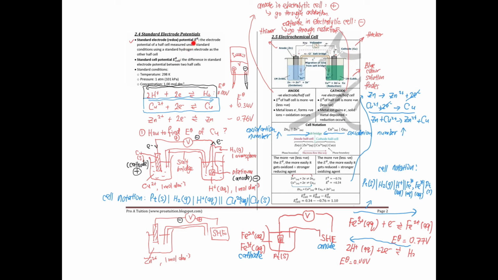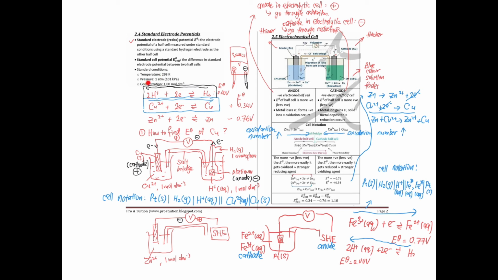The theta here doesn't mean angle, not like in mathematics. So over here, what is theta? Theta means standard conditions are used. The first condition is a temperature of 298 Kelvin or 25 degrees Celsius. That means the electrolytes have to be at 25 degrees Celsius.